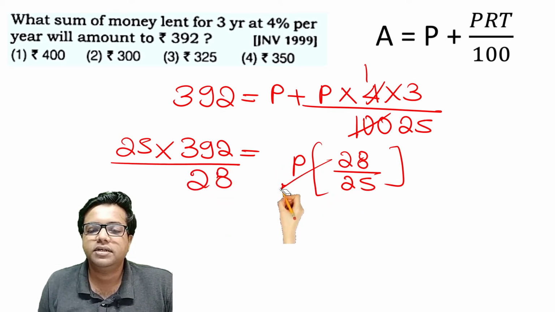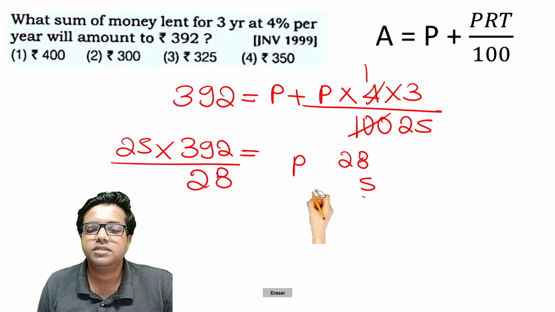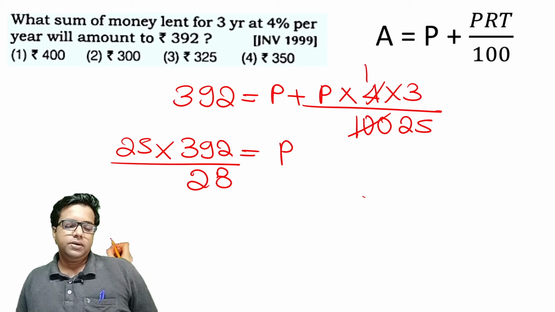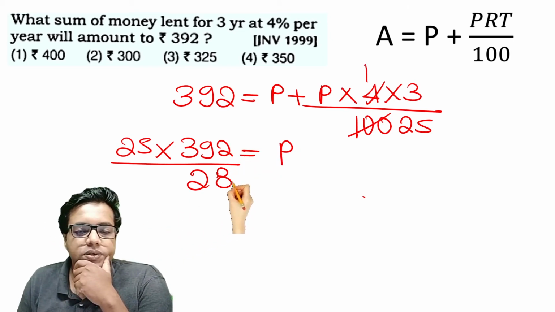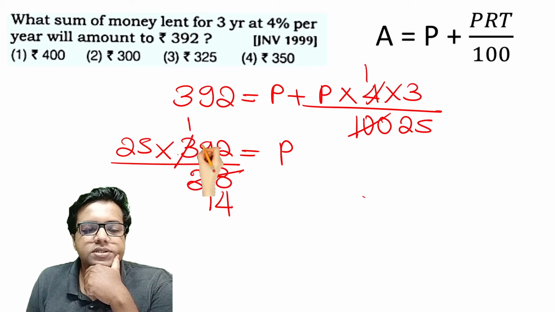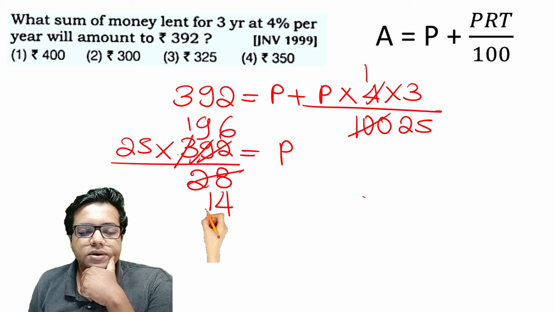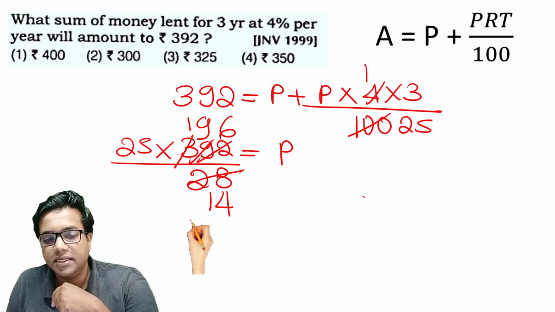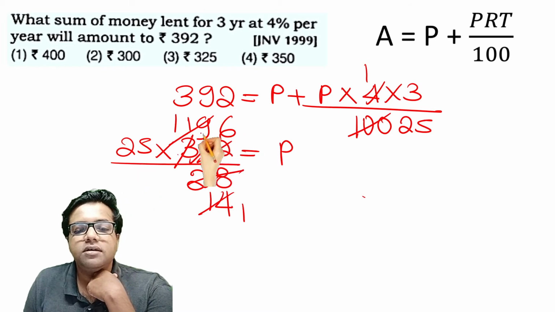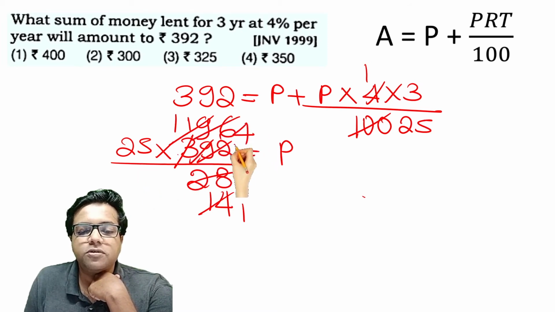This is what you will get as principal. So let's divide it by 2. 2 fourteens are 28. 2 ones are 2, 2 nines are 18, and 2 sixes are 12. 196 we are getting here. 14 ones are 14, 5 is the remainder, 14 fours are 56.